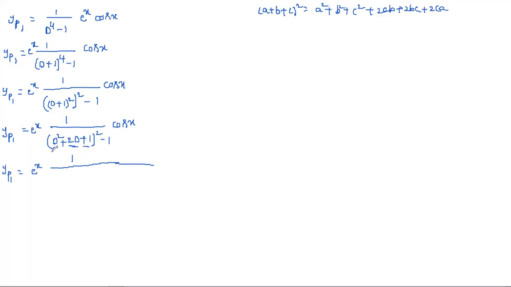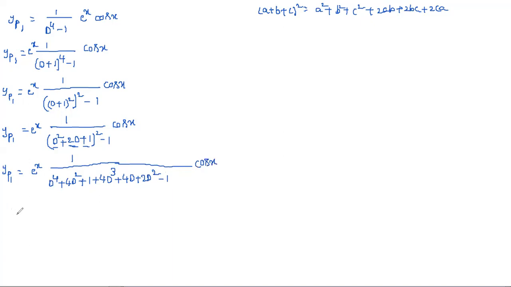Now you can expand that one. a^2 is D^4, b^2 is 4D^2, c^2 is 1, plus 2ab, so 2ab is 4D^3, plus 2bc, 4D, plus 2ca, so 2ca is 2D^2. Okay. So a^2 + b^2 + c^2 + 2ab + 2bc + 2ca, and minus 1, into cos x.